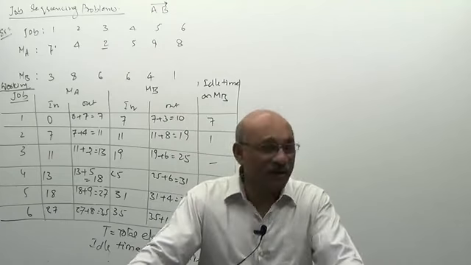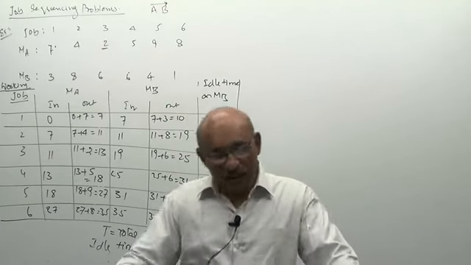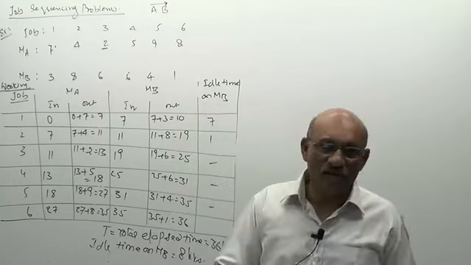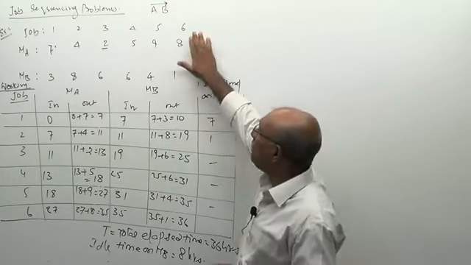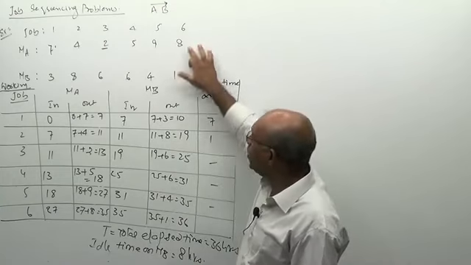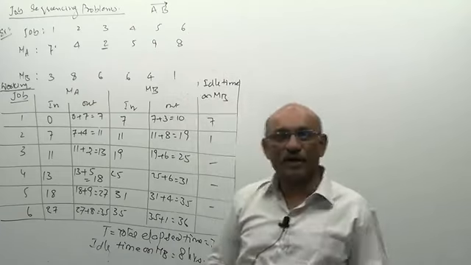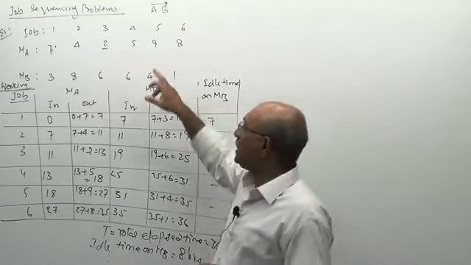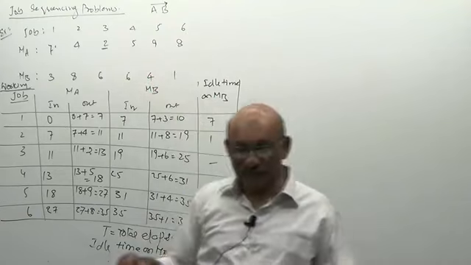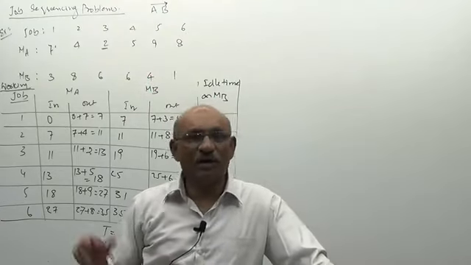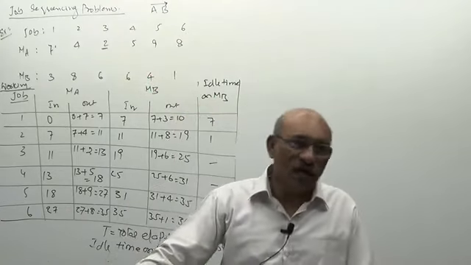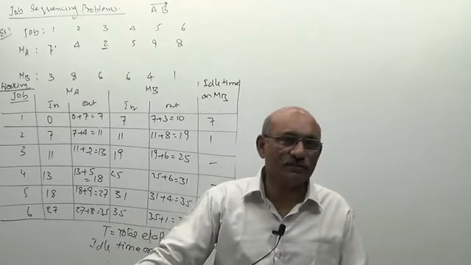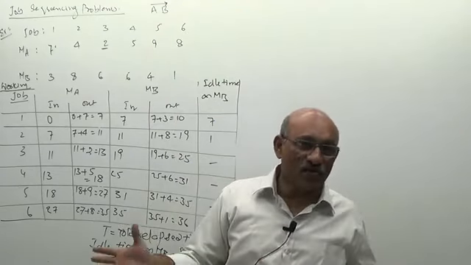One more time I am repeating the definition, sir. Sequencing models stands for processing of n number of jobs on two machines. What additional information is provided to you? Time required for each job from each machine is given, and the order is also given.